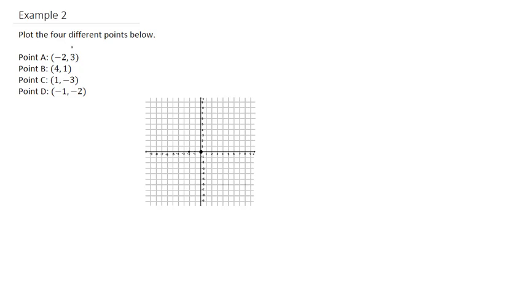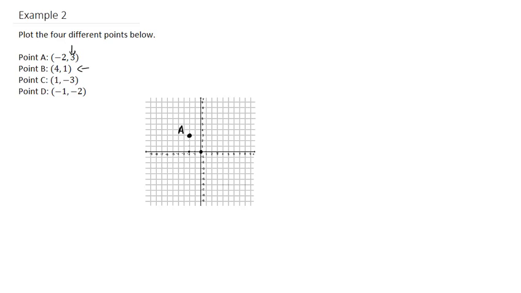Now we need to look for the 3 on the y. So we can start at the origin, or we can just go from this point and go up 3. 1, 2, 3. And we go ahead and place a dot right there. And we're going to say A to show that that's point A. Next, let's do B. So we start at the origin again, and we notice we need to go to the right 4 because it's positive 4.